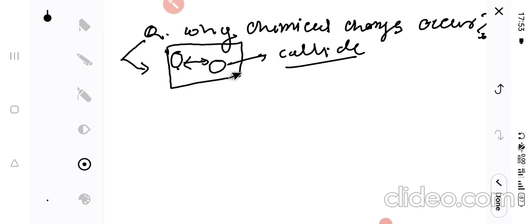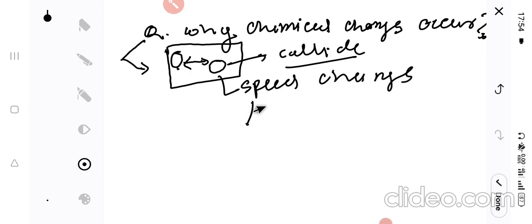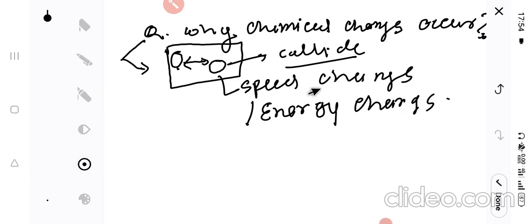In this collision, it is possible that the speed of both molecules will change. Speed change means energy change, right?